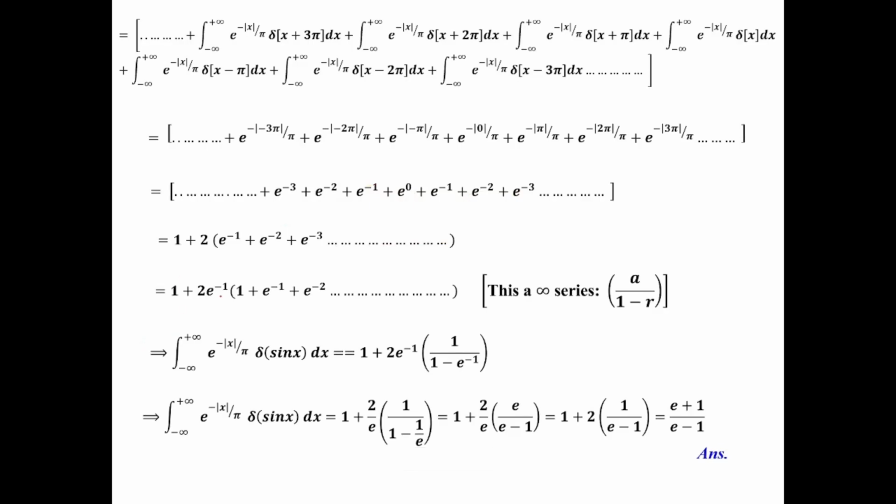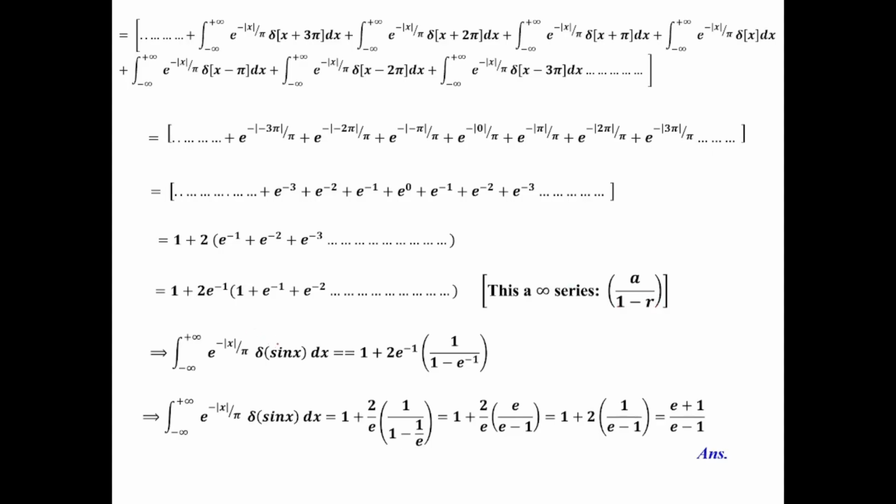Now 1 plus 2 into e to the power minus 1 taken common from all the terms, then we can get 1 plus e to the minus 1, e to the minus 2, and so on. This is an infinite series, okay, and whose value will be a by 1 minus r, that we know. For this type of infinite series, the value will be a by 1 minus r, right?